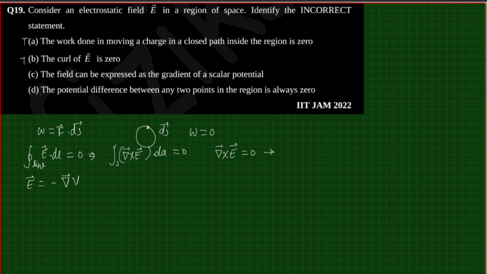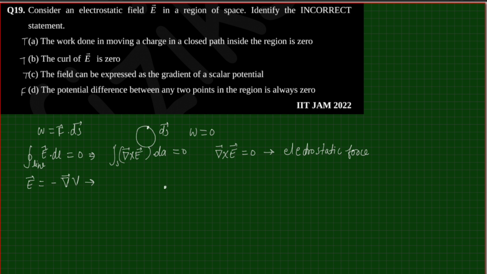So if del cross E is 0, it means the force is electrostatic, and the electric field is written as the negative gradient of potential. So the field can be expressed as a gradient of scalar potential. Yes, this is true. And the statement that the potential difference between any 2 points in the region is always 0 is not true. This is false. Why?